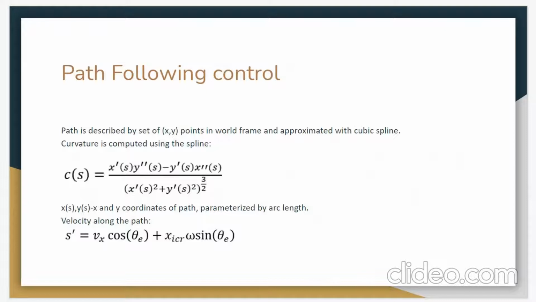With path following formulation, robot movement is now controlled by the curvatures applied to the controller. To obtain this curvature, path described by set of xy points in world frame is approximated with a cubic spline. Cubic spline approximates not y versus x function, it approximates x versus s and y versus s functions, s being the arc lengths of the path.